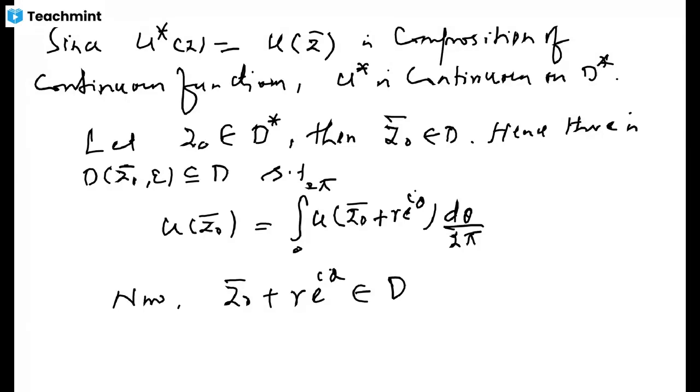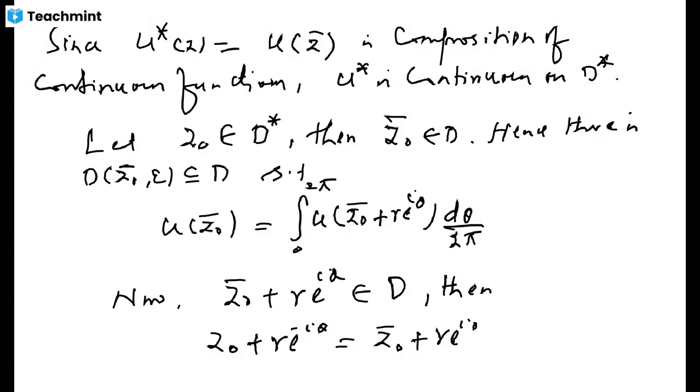Okay, then this point Z naught plus r e^{-iθ}, which is actually the conjugate of this number.